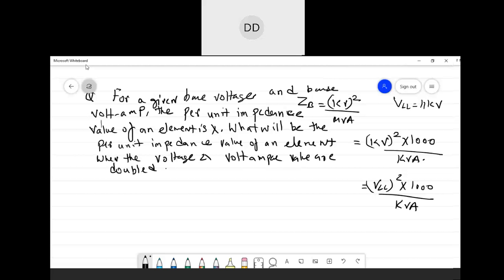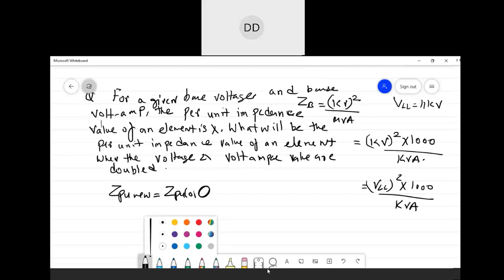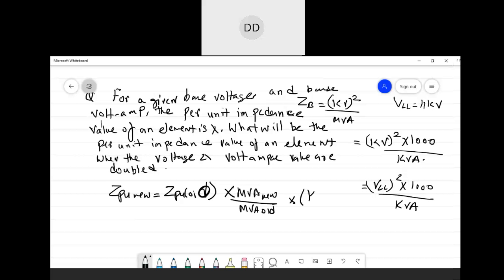In the basic formula you will substitute the values. You know the formula: Z per unit new is equal to Z per unit old into MVA new divided by MVA old, into kV old by kV new, the whole term under square.